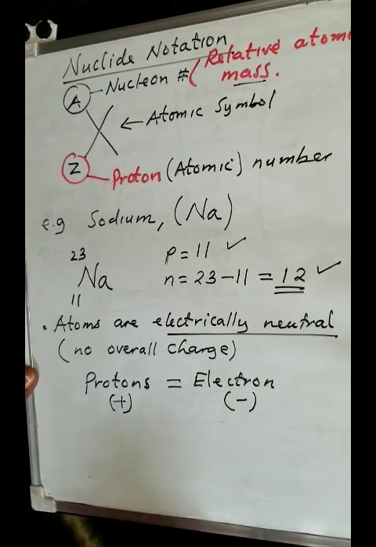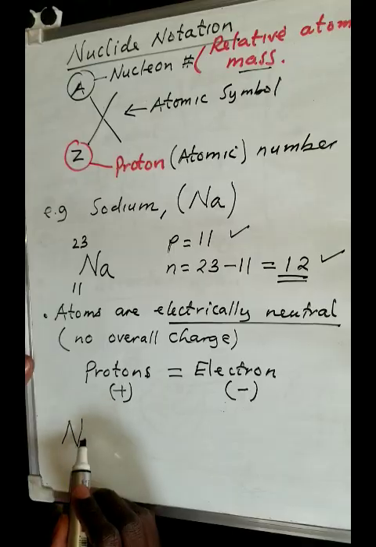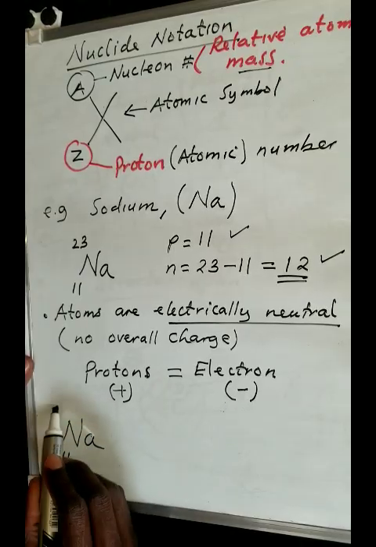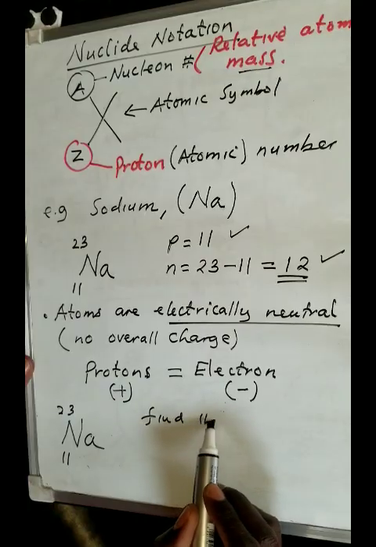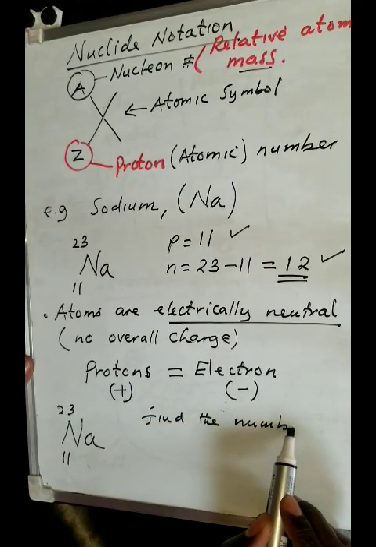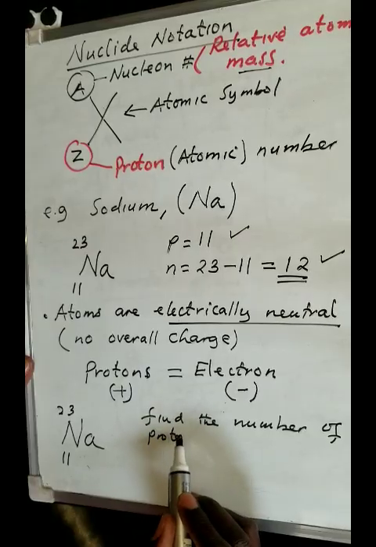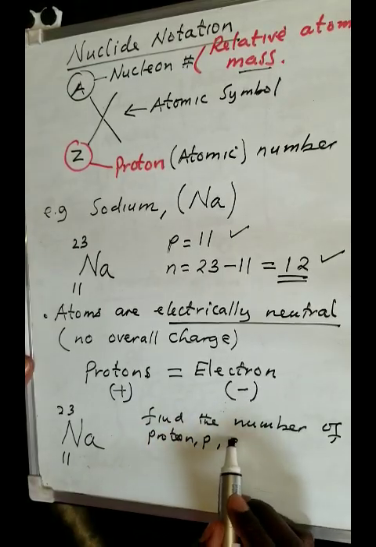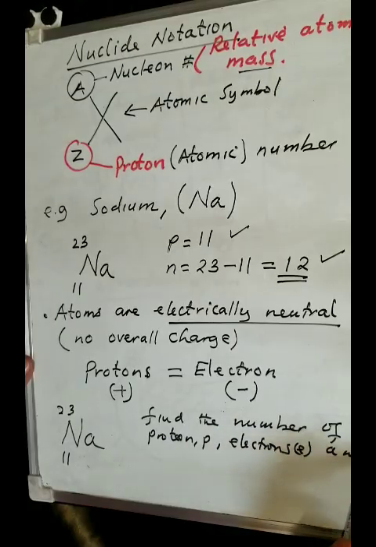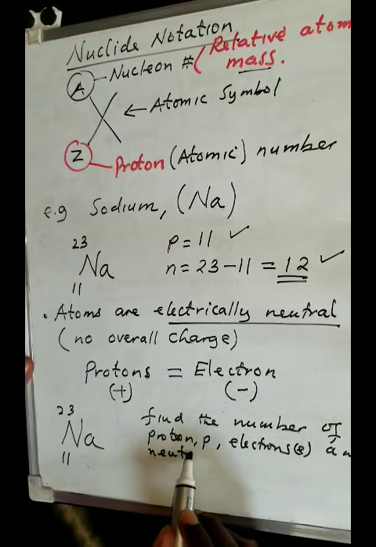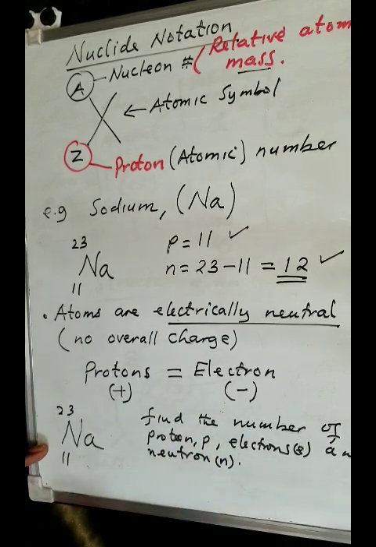So therefore, let's go back to the sodium atom that I gave you. Sodium is 11 and 23. Suppose I told you to find the number of protons P, electrons E, and neutrons N in this atom of sodium.